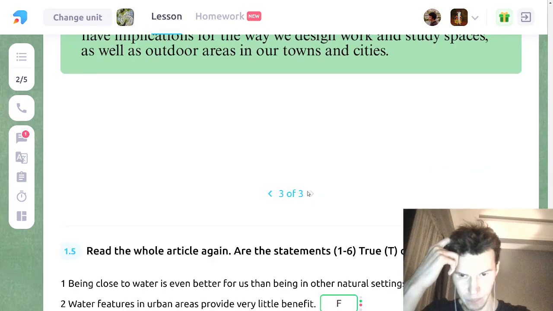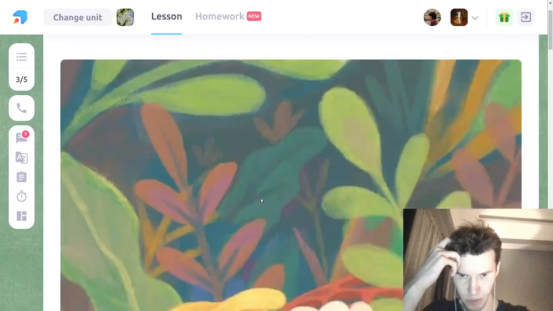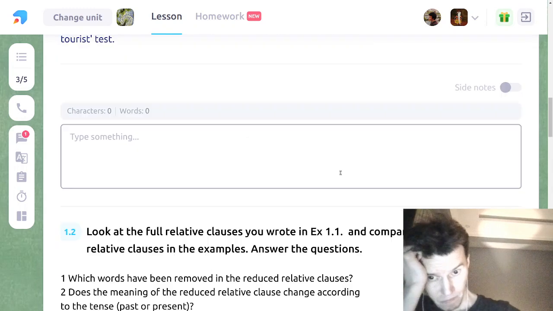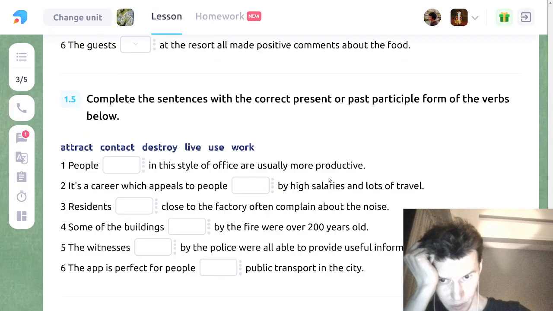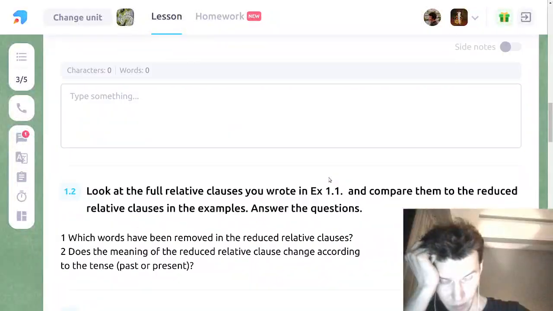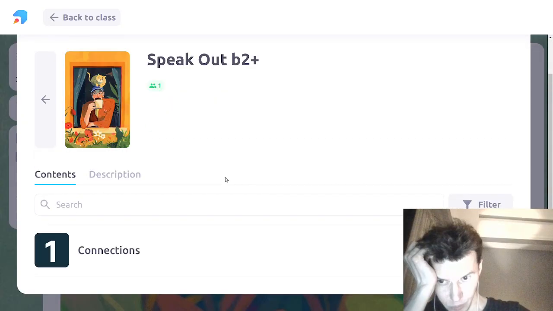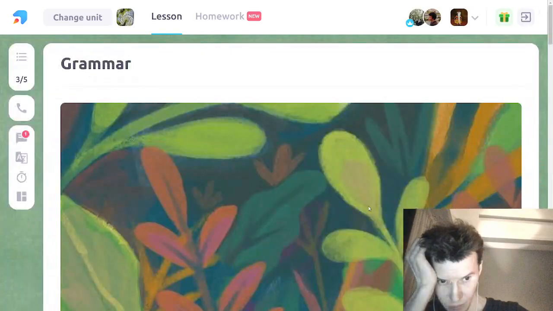Just some text. Answers for questions for the text. Reduced relative clauses. No, it's a different topic. Different topic completely. Maybe I need to switch somehow. I'm not very good at navigating this. Maybe lesson A1.